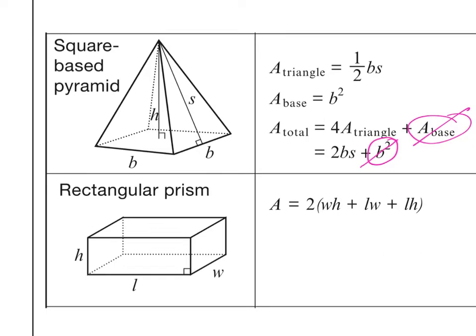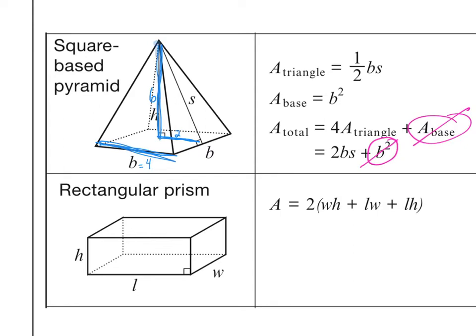So in this example, the actual height was equal to 6, and the base length was equal to 4. So to go from here to here, that is half of 4, so that is equal to 2.